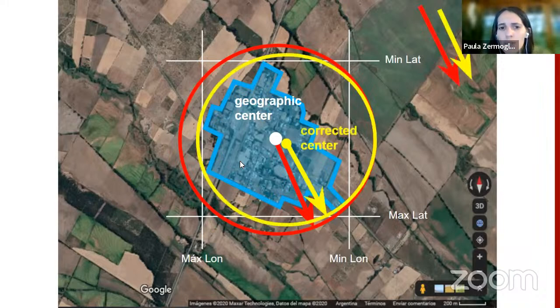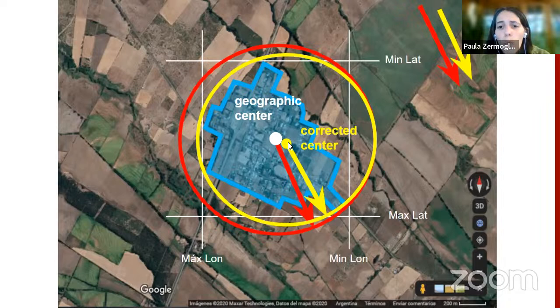We could draw a smaller circle that includes all the town still, but it's a little smaller. You can see that the yellow circle here is smaller than the red one, but it still contains all the town. Now, the center of this yellow circle is not the geographic center that we had before. It's another one. It's moved a little bit, and so it's corrected.